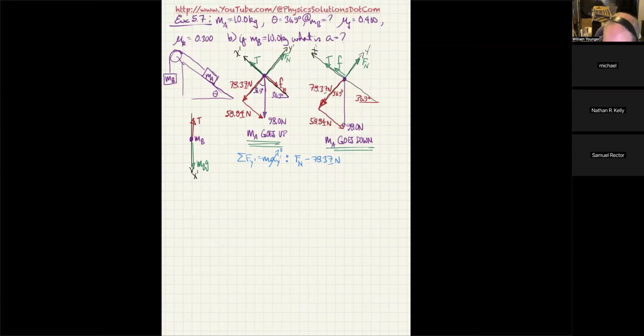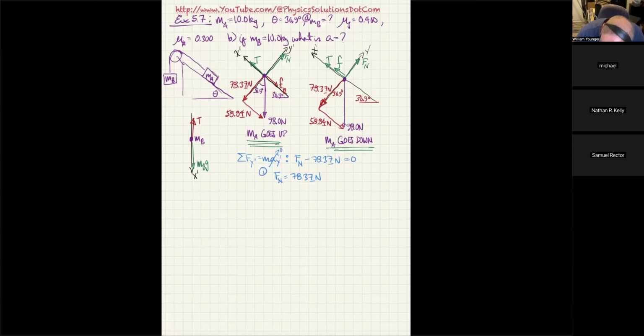That's all of the total y direction forces, and all of that has to equal 0. Notice it's the same for the left diagram as for the right diagram. So it's the same either way. And that tells us that our normal force is going to be 78.37 newtons. I'll call that 1 just because I need that result.